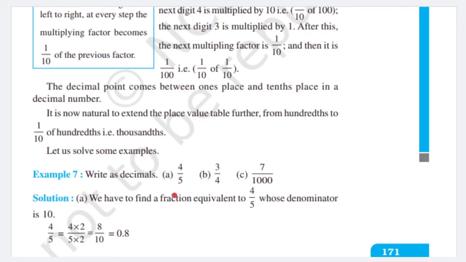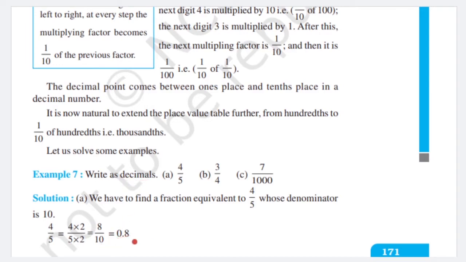So when will you get 10 in the denominator? If you multiply 5 by 2. So you're multiplying the numerator and denominator by 2. So 4 into 2 will give you 8, 5 into 2 will give 10. So the fraction will be 8 by 10. And they've asked for decimal, so the decimal will be 0.8.